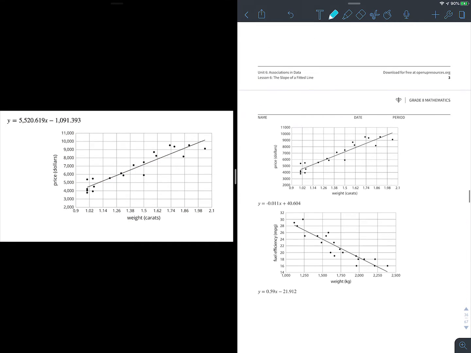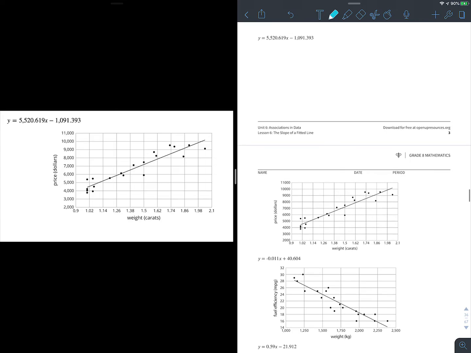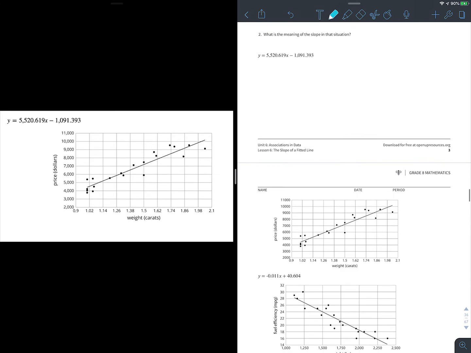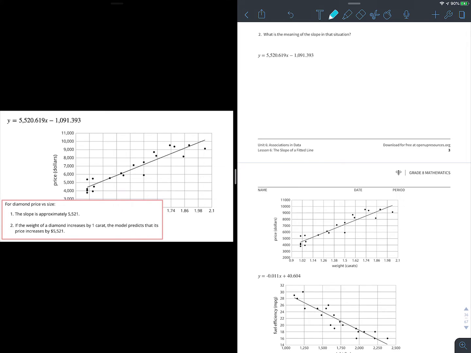Okay, so for this first one, we're going to say that the slope is approximately 5,521. And then a good written statement would say that if the weight of the diamond increases by 1 carat, the model predicts that its price increases by $5,521.